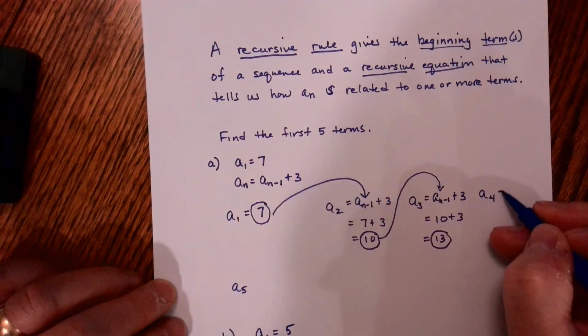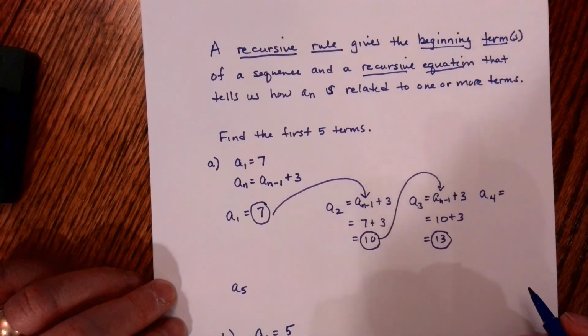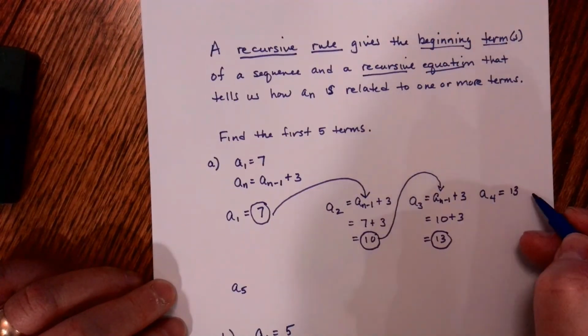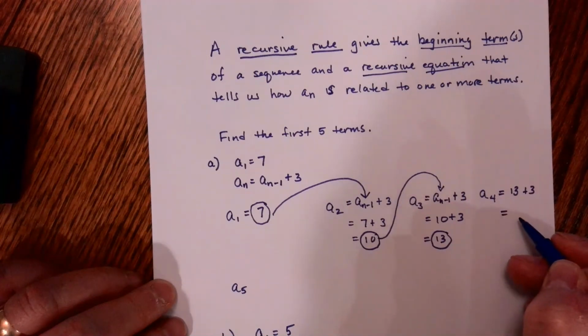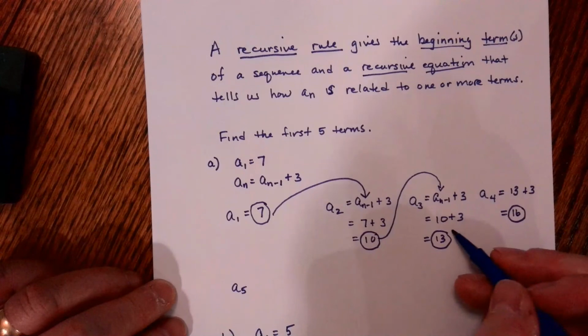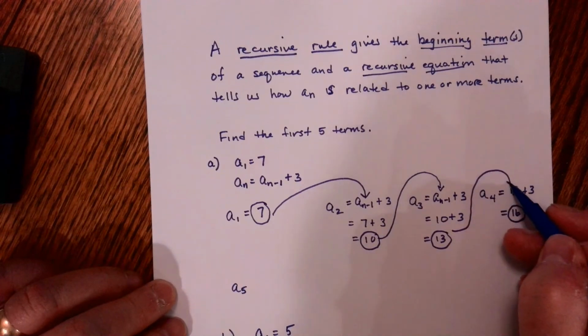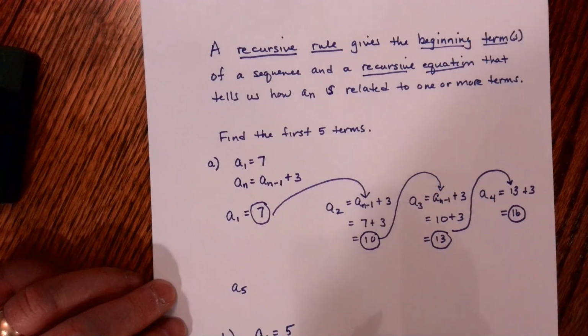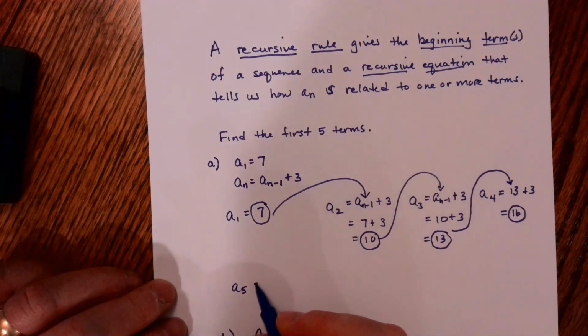What about a sub 4, or my fourth term? Well, my previous term is 13, so I'm simply going to substitute that in, plus 3, and I'm going to get 16. Again, I'm going to substitute the 13 in, add the 3 and get 16. Now what about this fifth term?